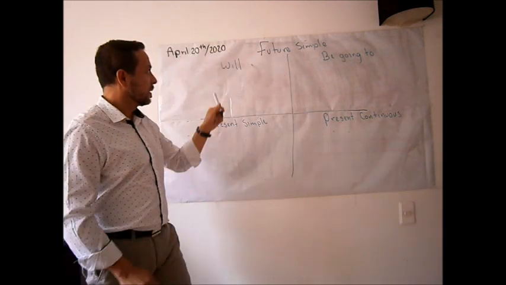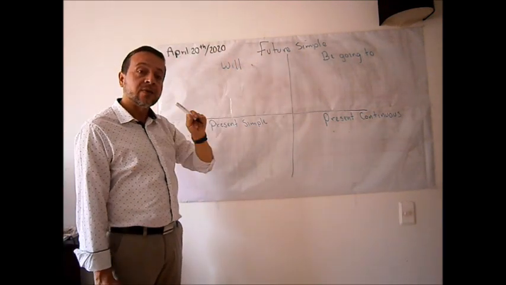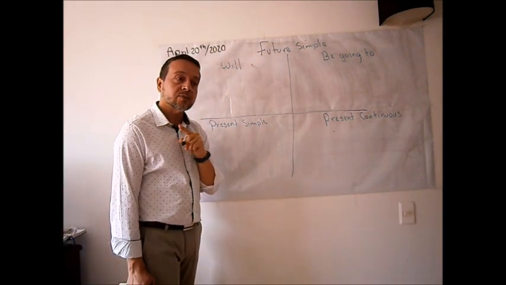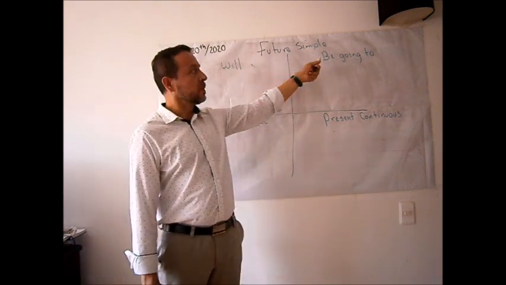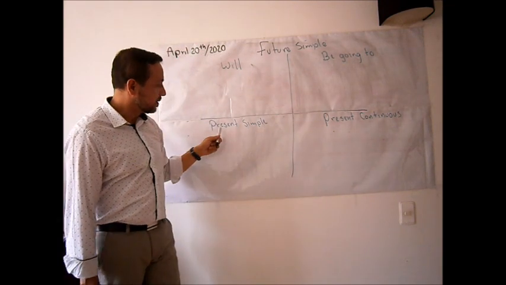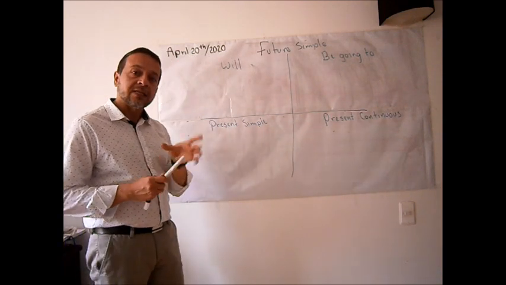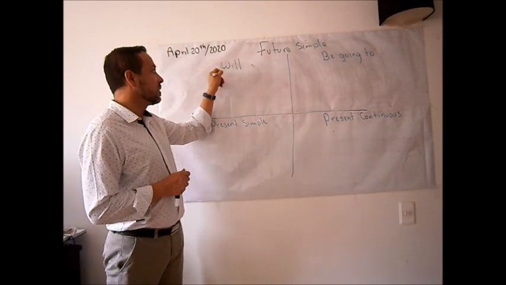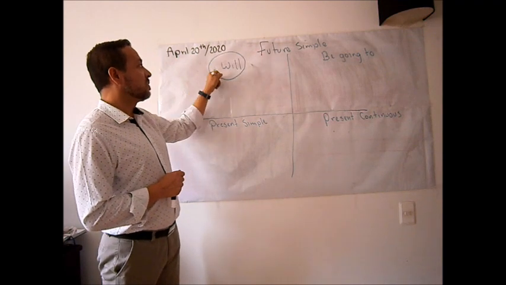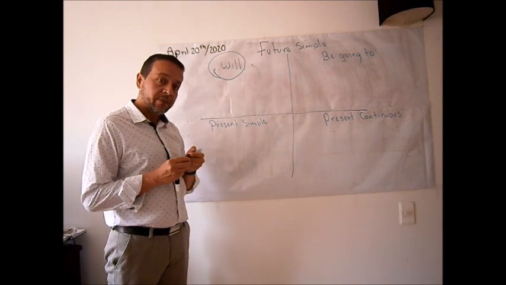Okay? To express sentences in future, it's possible to do sentences with will, with be going to, with present simple, or with the present continuous. But this week we are going to see only the future simple with will. Okay?